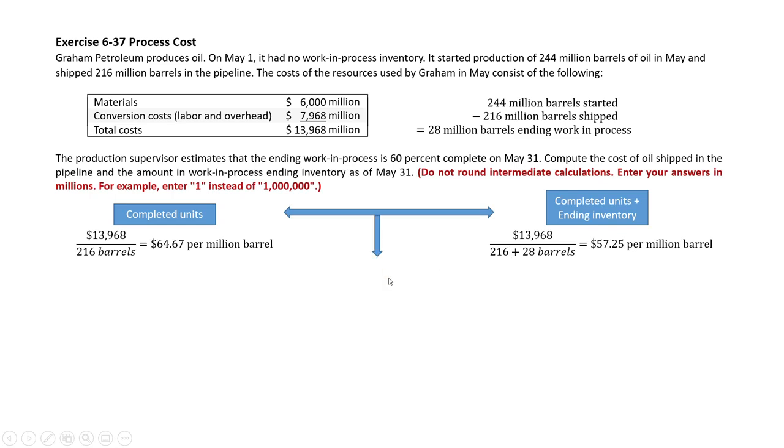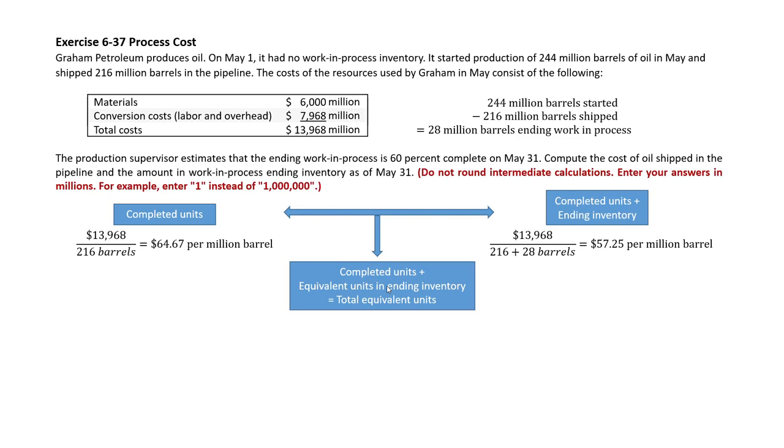So the better way to do this is to leave the completed units at 216, they're already done, but transform those 28 physical units in ending work in process inventory to what we call equivalent units. If we had taken the time and resources instead of making 28 million barrels 60% complete, if we had taken those same time and resources, how many units could we have actually finished?